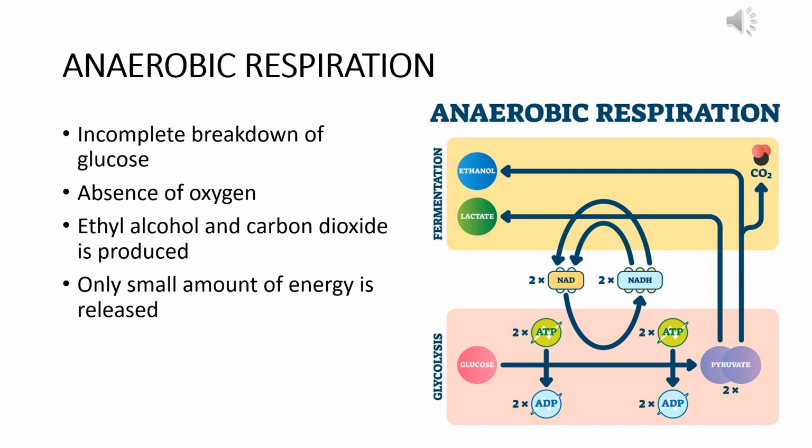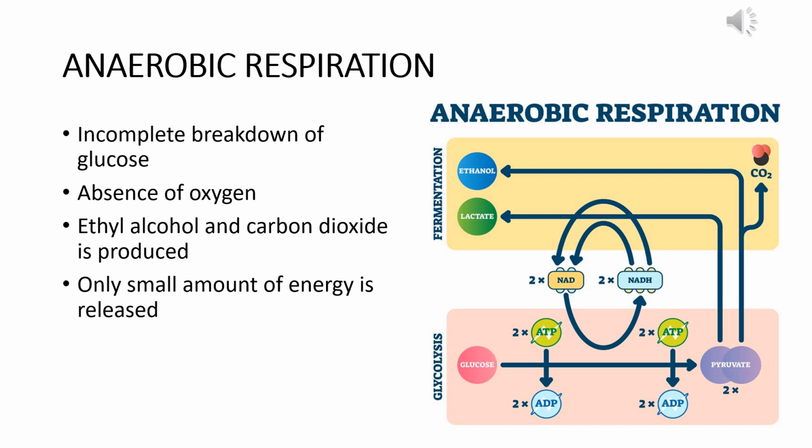So the main difference between aerobic and anaerobic respiration is that in anaerobic respiration, incomplete breakdown of glucose or incomplete oxidation of glucose happens, and it is happening in the absence of oxygen. So what is incomplete breakdown of glucose? Here only glycolysis is happening, that is conversion of glucose to pyruvate is happening.